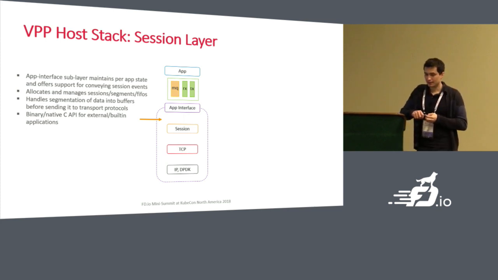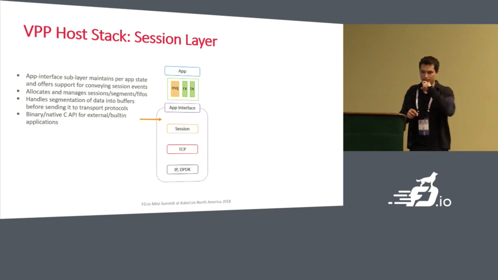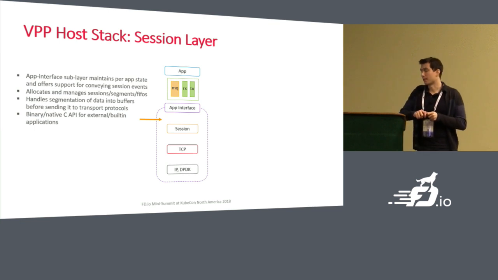Apart from that, another important function of the session layer is to be a sink for all the events that the applications generate. And by this, I mean the session layer is the one to dequeue the data from the TX FIFOs of an application, build buffers, pass those buffers to the transfer protocol, and have the data forwarded onwards.